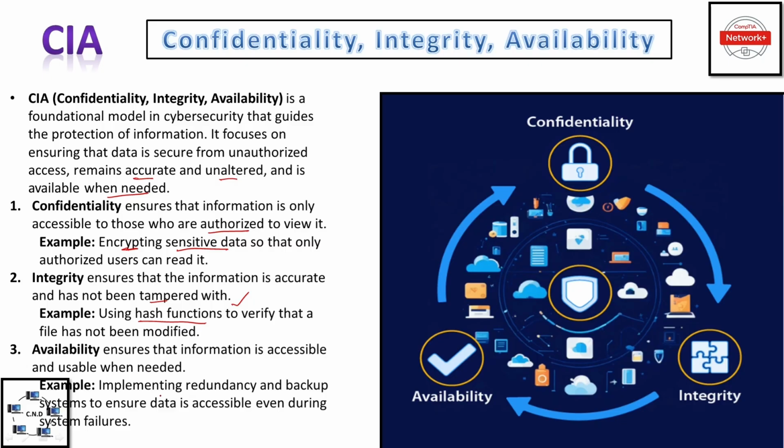For example, implementing redundancy and backup systems to ensure data is accessible even during system failure. So for availability, we use redundant systems or multiple systems so that when one system fails, a backup system is available and the user experiences no downtime or degradation of services.